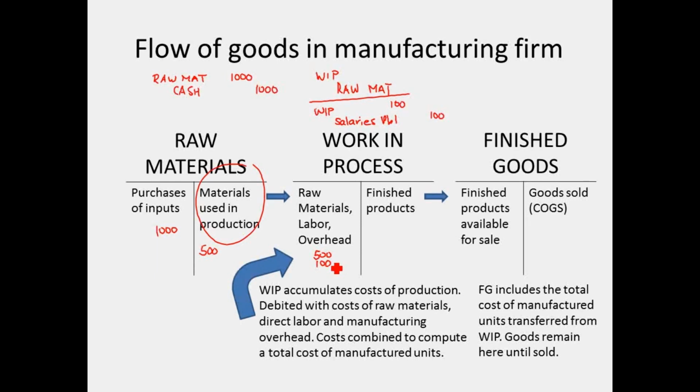Does the fact that I'm doing this mean I don't have an expense? The fact that I'm calling it work in process instead of salaries, does that mean I have no salary expense? I have an expense, but I don't record the expense until when? Till I sell the product.